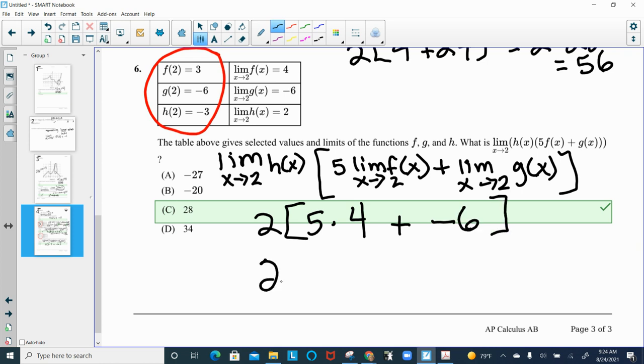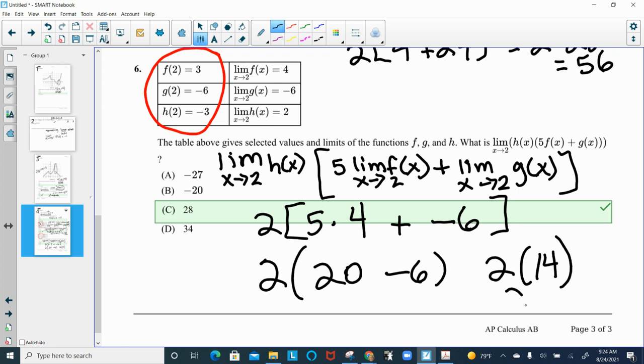Okay, so that'll be 2 times 20 minus 6 is 2 times 14, which should be 28. And yes, it is. So I hope that helps. I know those first couple of problems were kind of dicey, but just keep in mind, they're not huge, but they're tricky. Thank you.